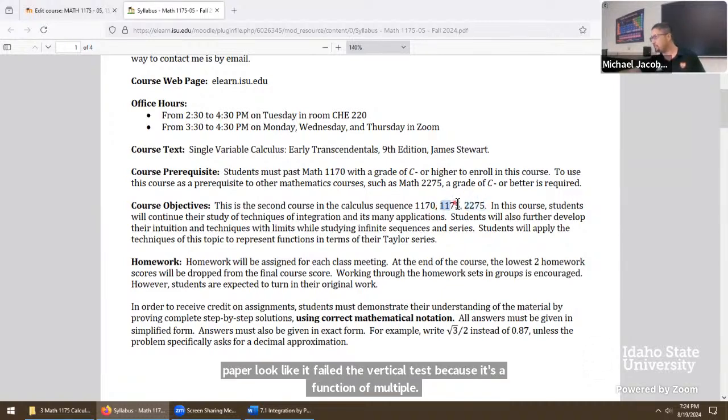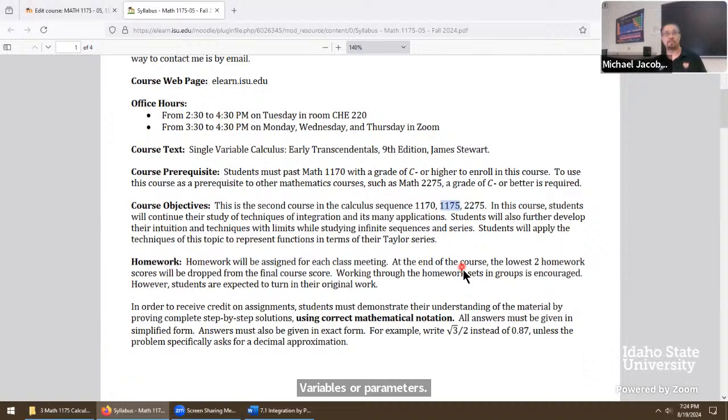But the trickiest thing about 1175 is the sequences and series, Taylor series, Maclaurin series. That's where we'll spend a lot of time, go really, really carefully. But keep in mind, sequences and series, this is the hump of the course. It does feel like a lot of work getting over that, but once you're clear from that, a lot of people have found that Calculus 3 is kind of just a breeze.